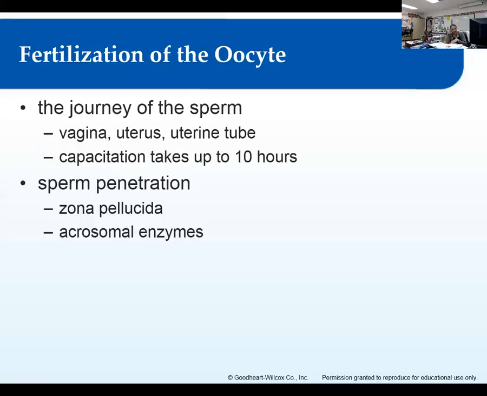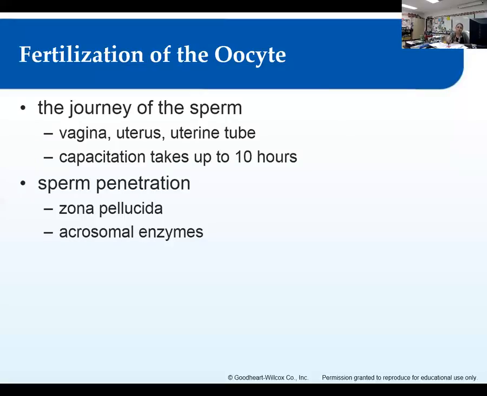All right, so journey of the sperm, the fertilization part. So you can turn it over to 552. That helps also. So it says the journey of the sperm. So the sperm travels through the vagina, the uterus. Okay, so it has to go through the vagina, and then it goes through the cervical opening, cervical os, and the opening at the bottom of the uterus, which is the cervix.